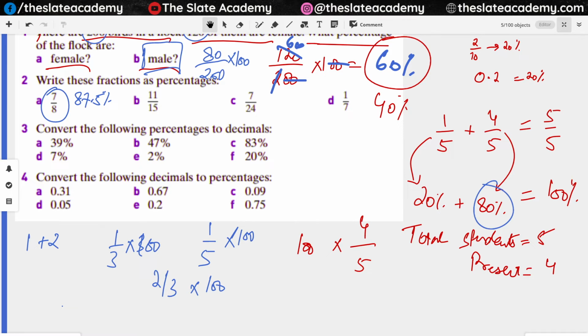Miss Noor, what's the percentage of 11 out of 15?